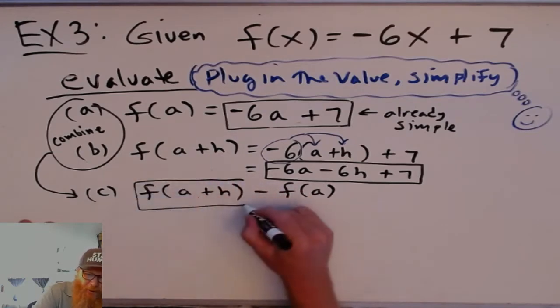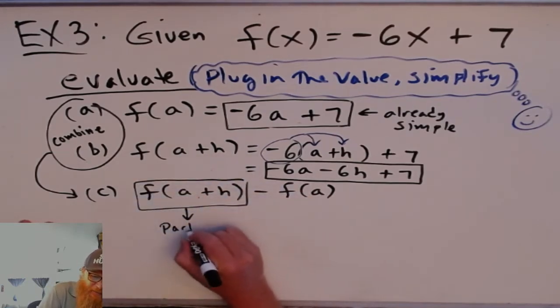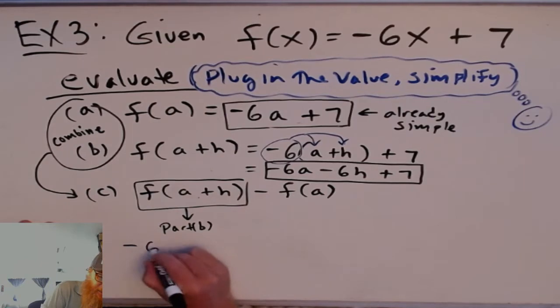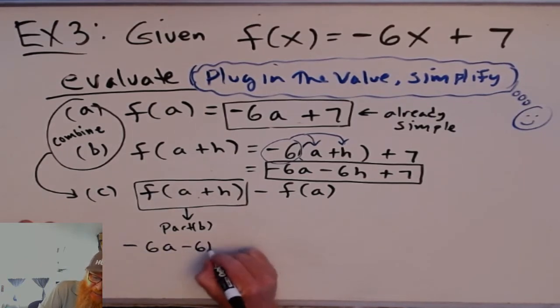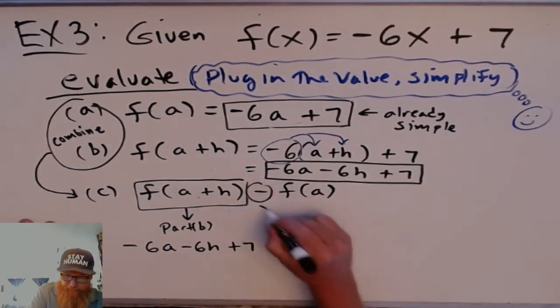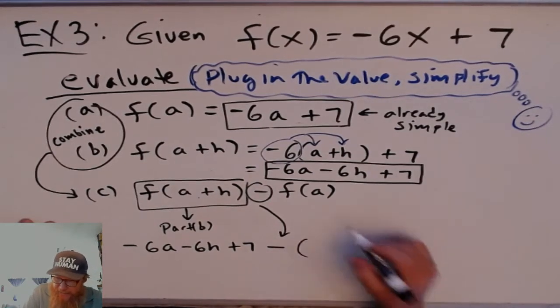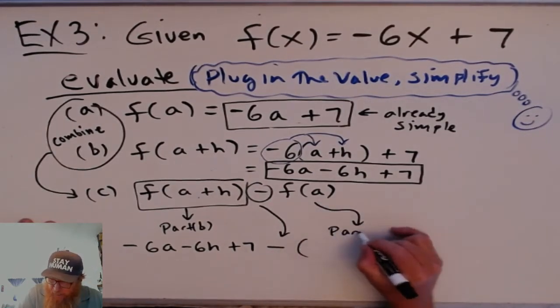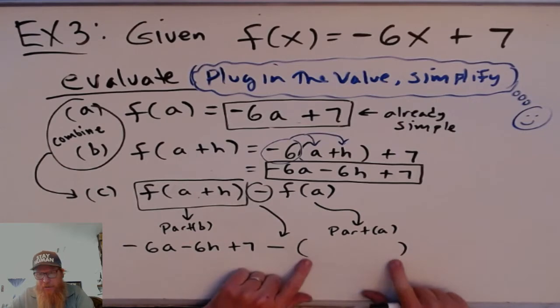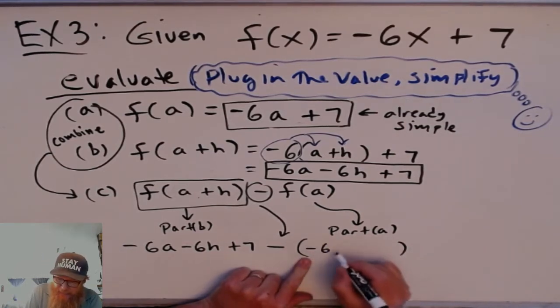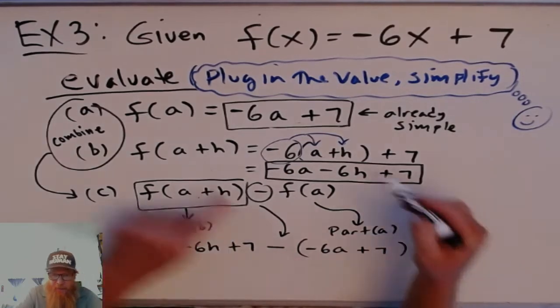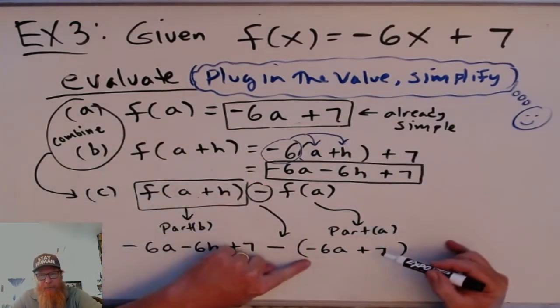So this is part B, negative 6a minus 6h plus 7, minus part A. Make sure you use parentheses around part A. Part A was negative 6a plus 7.